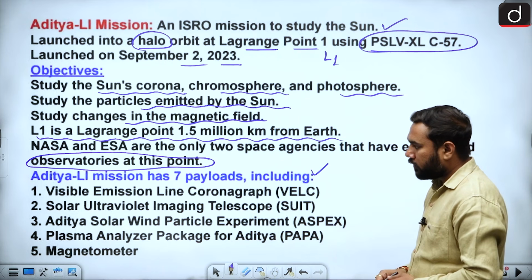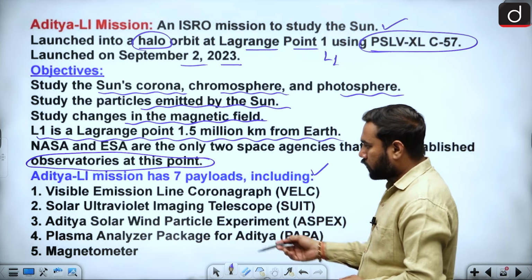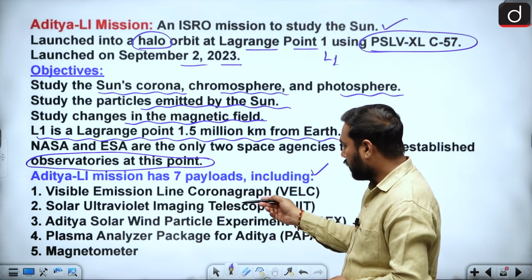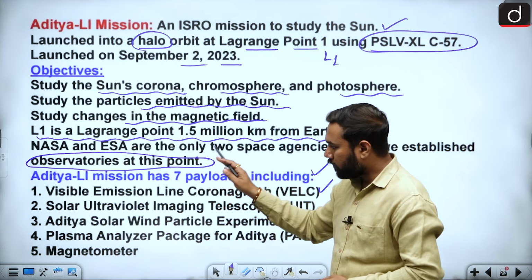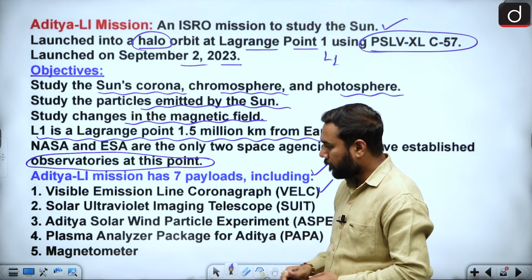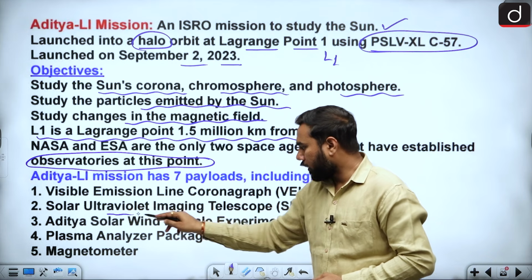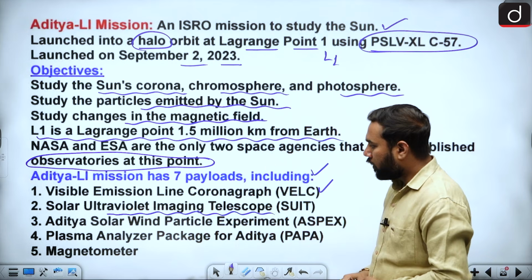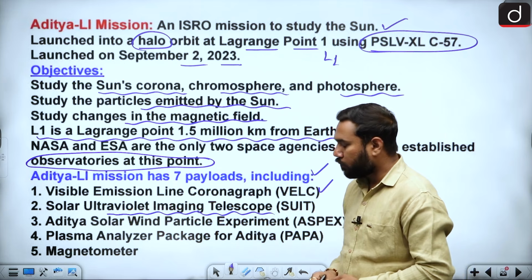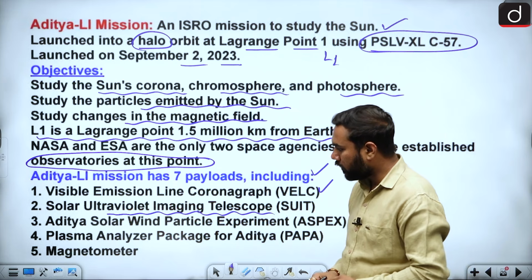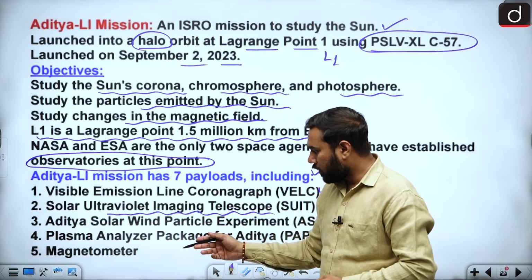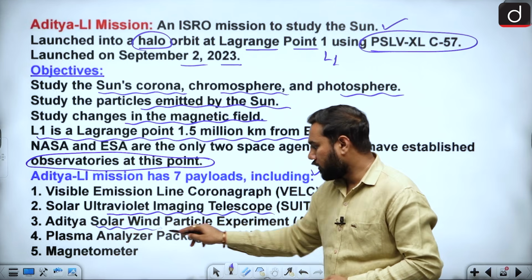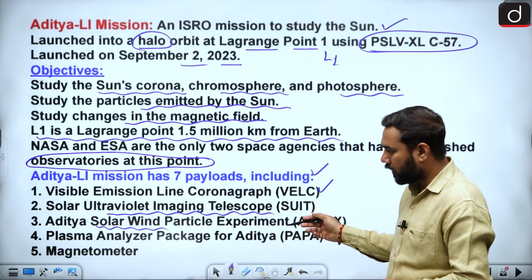7 payloads are there. The first one is called the visible emission line coronagraph, and this is related to the visible light of the sun. Then the Solar Ultraviolet Imaging Telescope, for ultraviolet imaging, means ultraviolet radiation observation. Aditya Solar Wind Particle Experiment is related to solar wind particles.